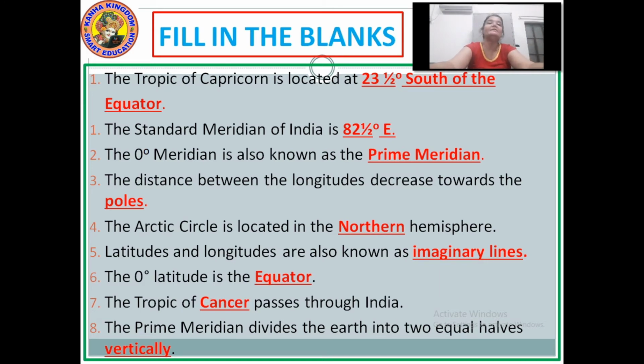In the blank it is vertically. The equator divides the earth into 2 equal halves horizontally. And the prime meridian divides the earth into 2 equal halves vertically. Okay. So this is the fill in the blanks.